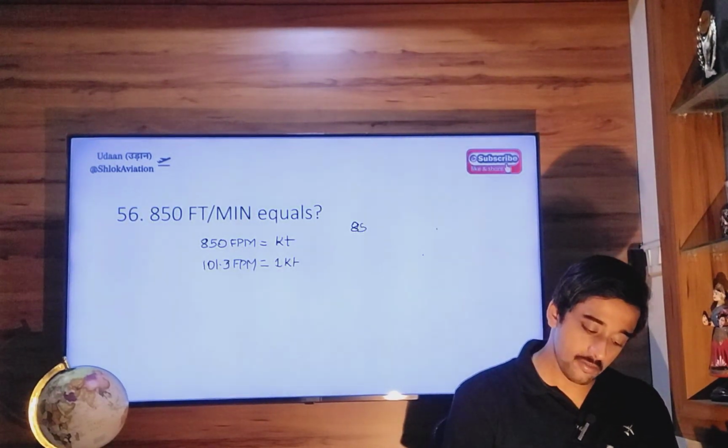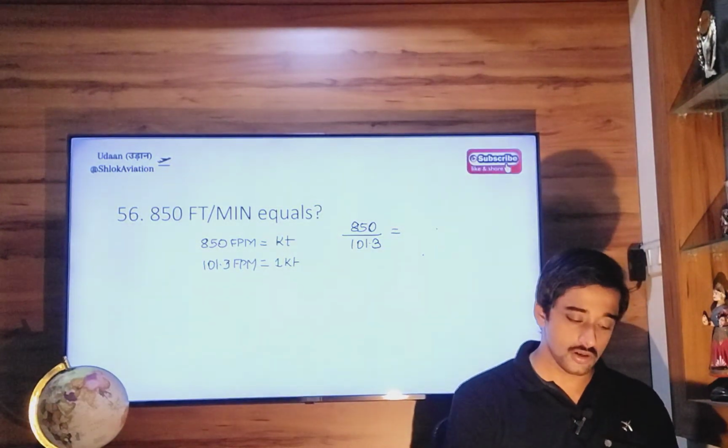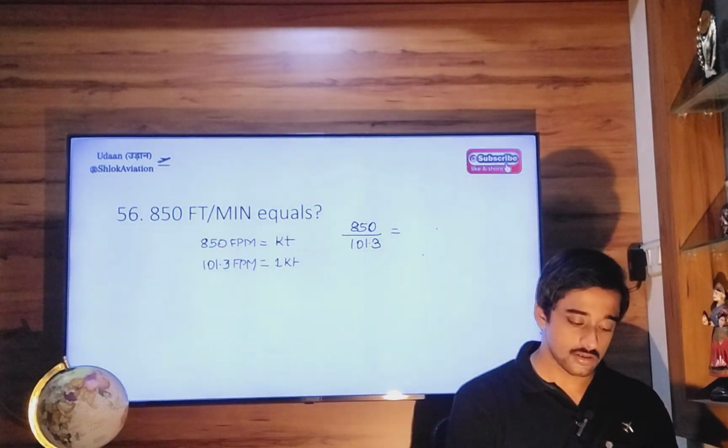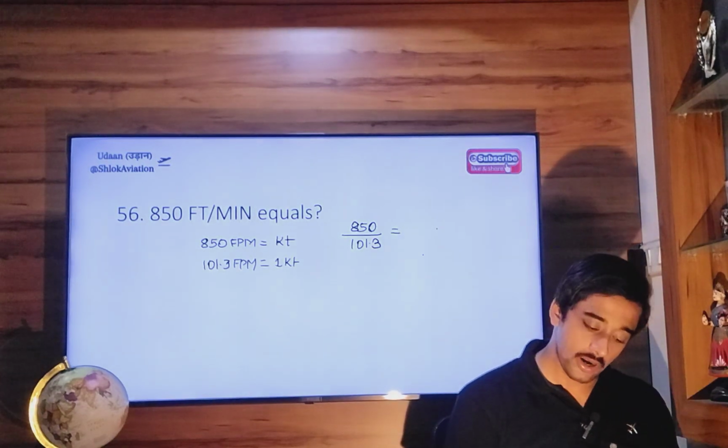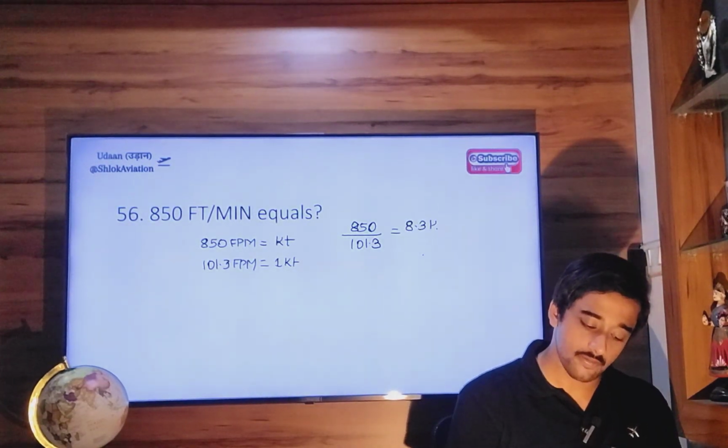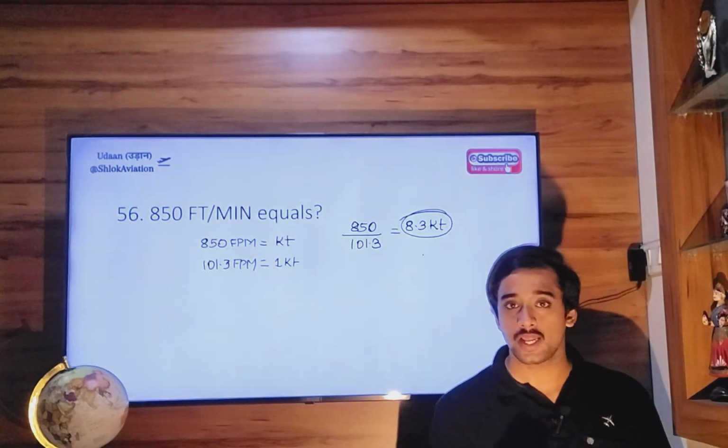So 850 feet per minute divided by 101.3 equals 8.3 knots.